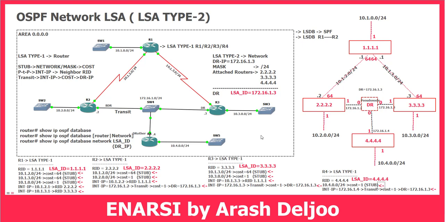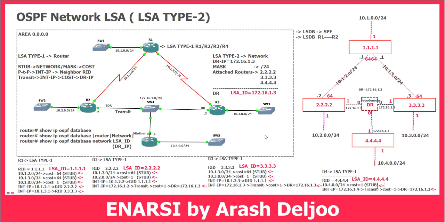The number of LSA type 2 equals the number of transit networks. For example, here we have only one transit network, so we have one LSA type 2. If you have more than one transit network, you will have one LSA type 2 for each of the transit networks.